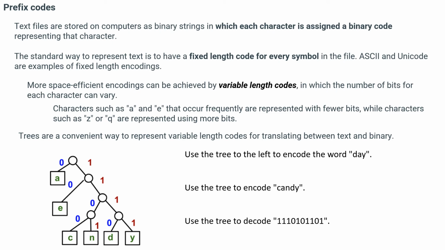We would have needed to start at the root and go along the edge labeled 1, go along the next branch labeled 1, go along one more branch labeled 1, and then when we get down to almost the bottom, we need to follow that edge labeled 0 to get to the D. So for the letter D, we would use 1, 1, 1, 0. That would get us down to the D.